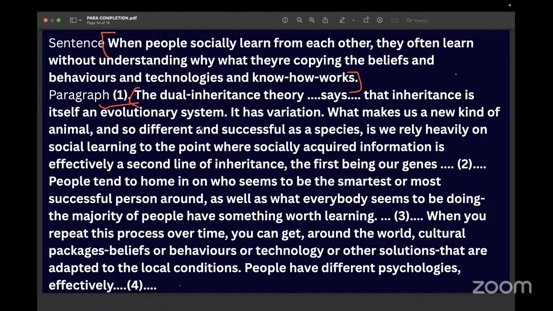So the first being our genes, people tend to home in on who seems to be the smartest or most successful person around, as well as what everybody seems to be doing. The majority of people have something worth learning. When you repeat this process over time, you can get around.